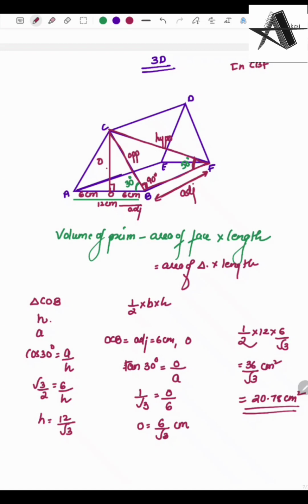Opposite we have just calculated, adjacent we have to calculate, and the angle is given. So that connects adjacent and opposite with tan. I can apply tan 50 degrees is equal to opposite over adjacent.